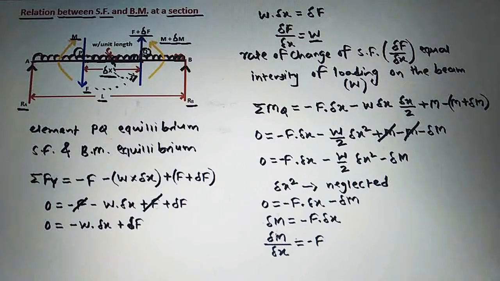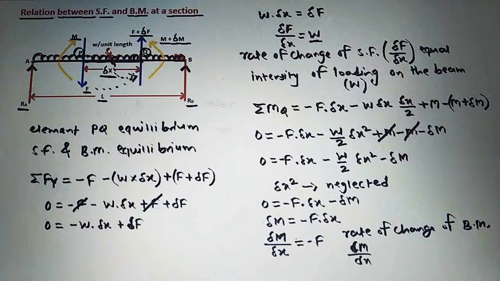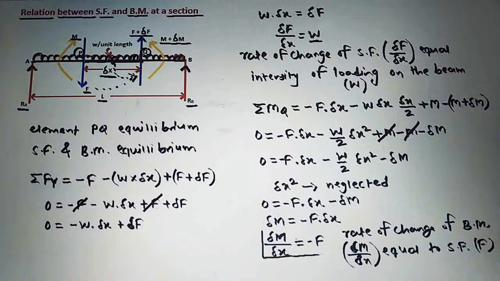This delta M divided by delta X is the rate of change of the bending moment, and it is always equal to the shear force, and that shear force is F here. So the rate of change of bending moment is always equal to shear force, that is delta M divided by delta X is equal to minus of F.